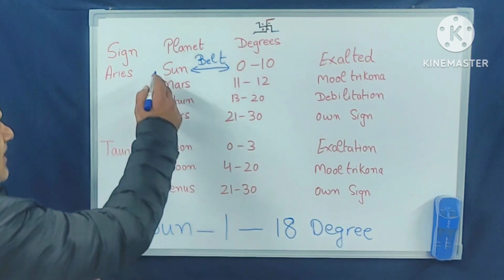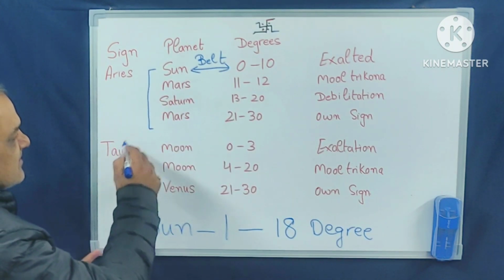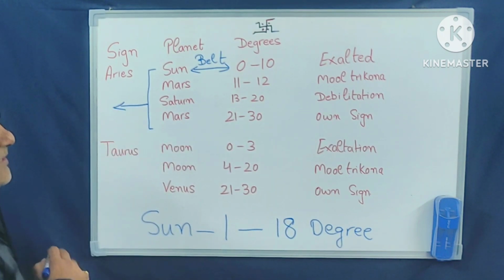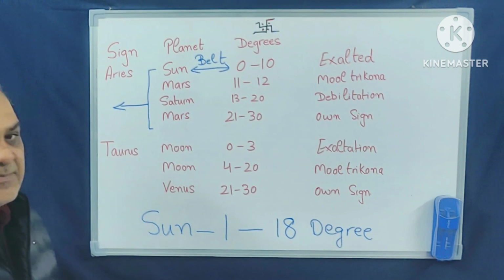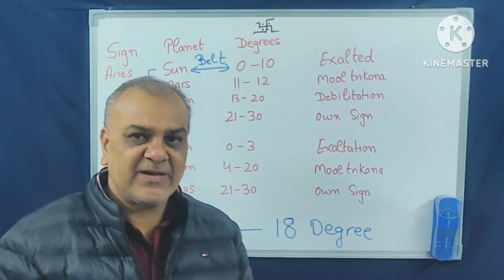So I will go through this chart and I will see this is the belt. 13 to 20 degrees comes under the belt of Sun, comes under the belt of Saturn.